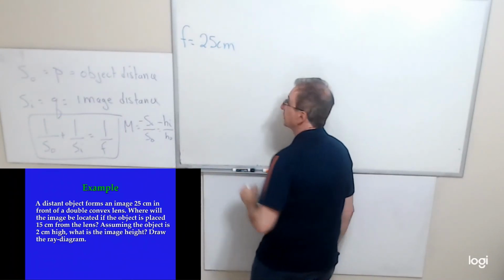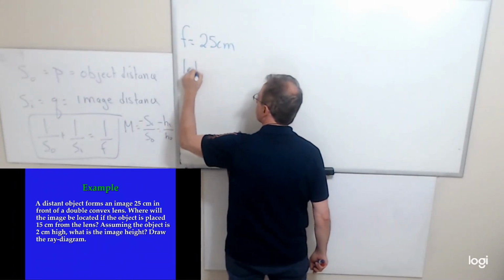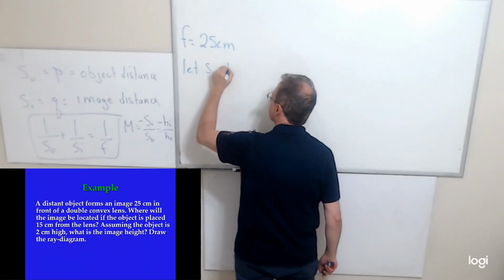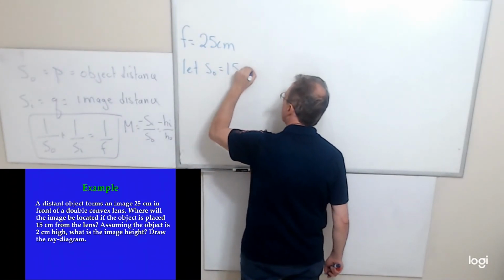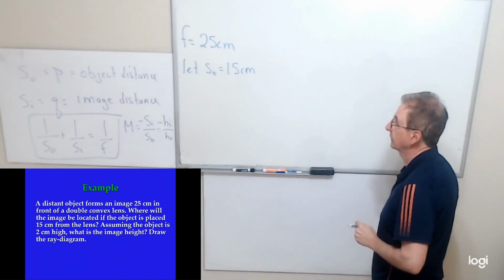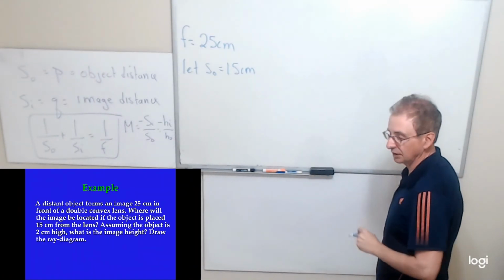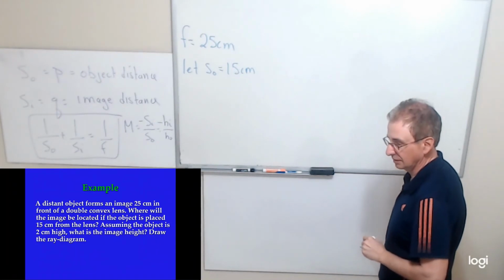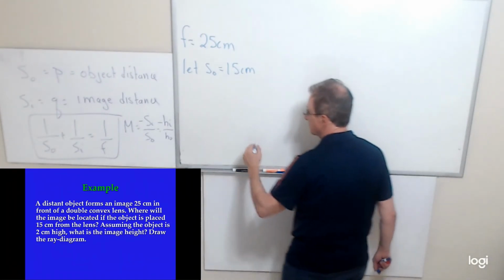And we're going to let S_o equal 15 centimeters. This tells me right away we're inside the focal length. We're going to get a virtual image. We'll use that equation.